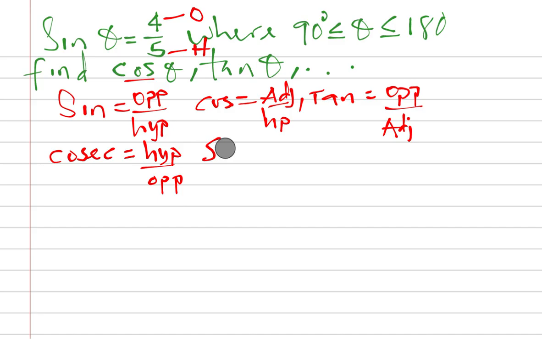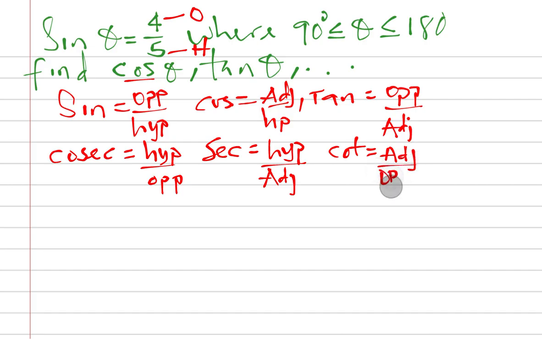Then sec is the inverse of cos. That's hypotenuse over adjacent. And then cot, which is the inverse of tan. That's adjacent over opposite. I think now you can see that in these things I need my adjacent.